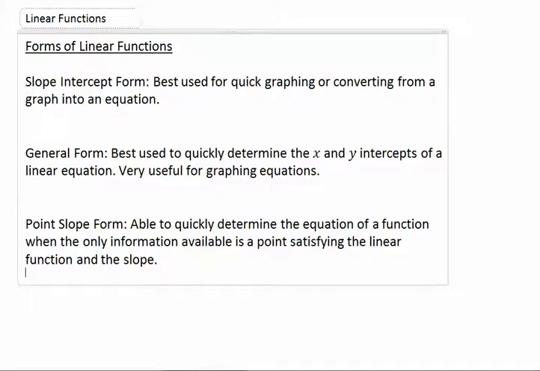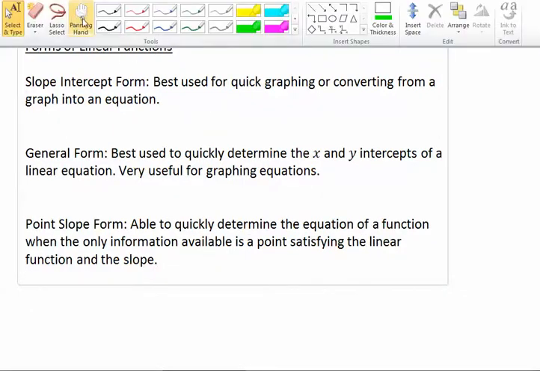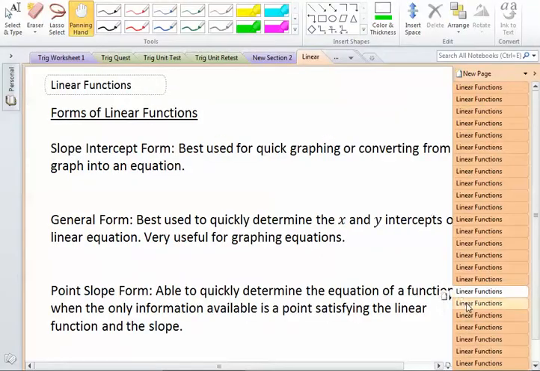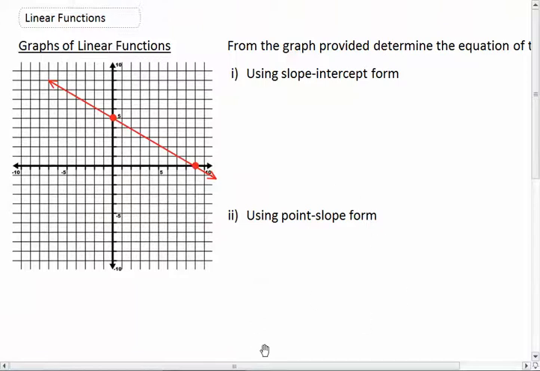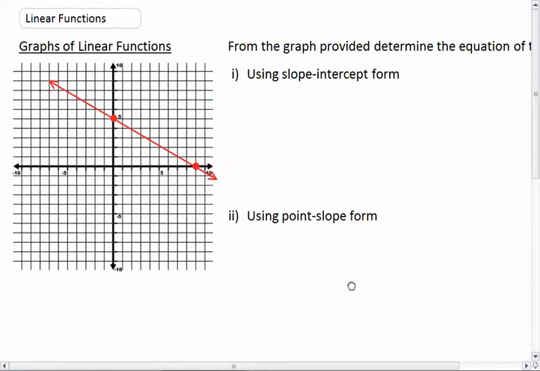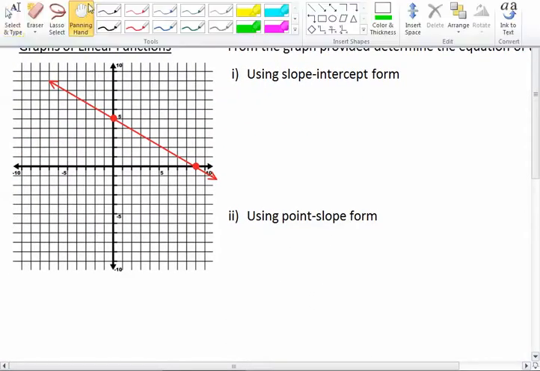So they each have their own niche, but we're going to be practicing and mastering them all in this unit. And to give you a bit of practice here, we got our last page.